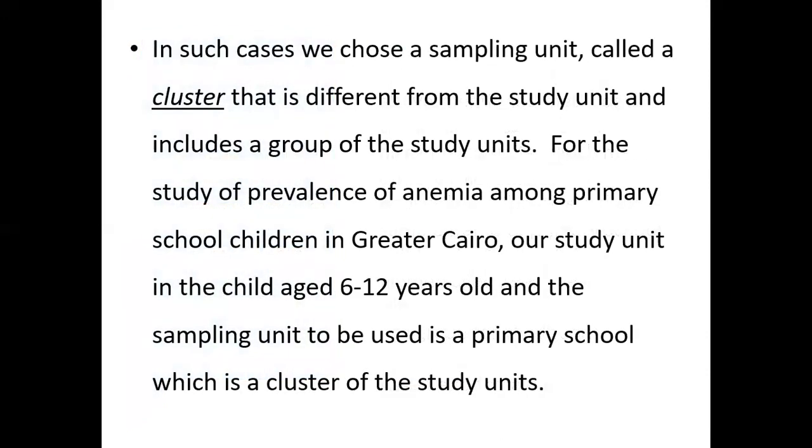In such cases, we choose a sampling unit called a cluster that is different from the study unit and includes a group of the study units. For the study of prevalence of anemia among primary school children in Greater Cairo, our study unit is the child aged 6 to 12 years old, and the sampling unit to be used is a primary school, which is a cluster of the study unit.